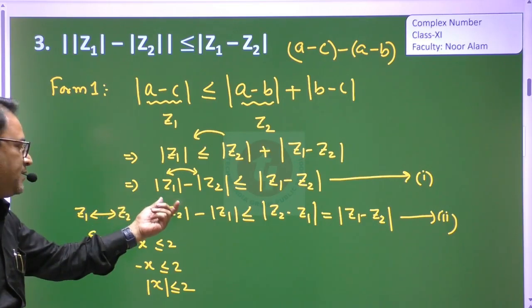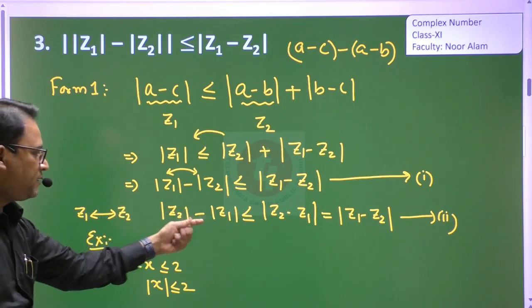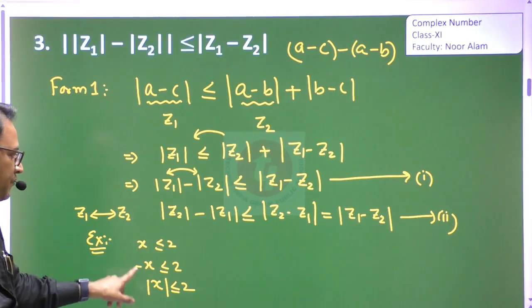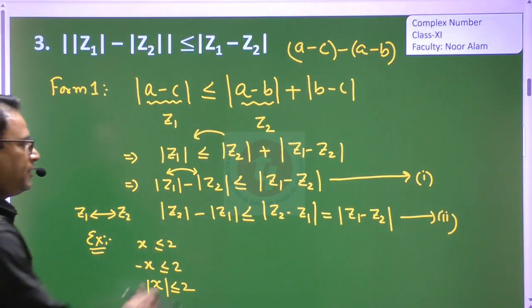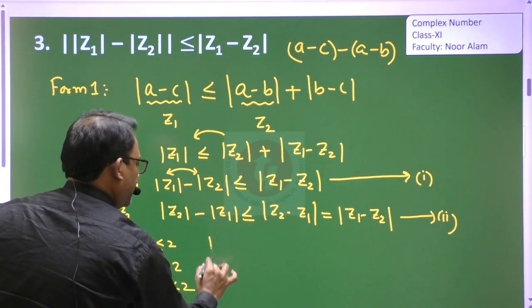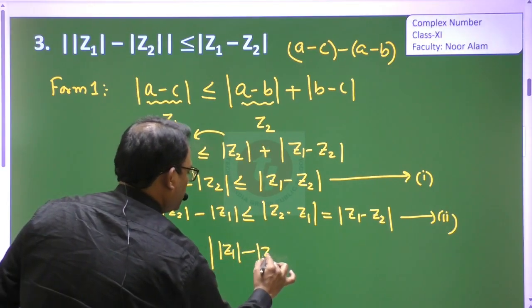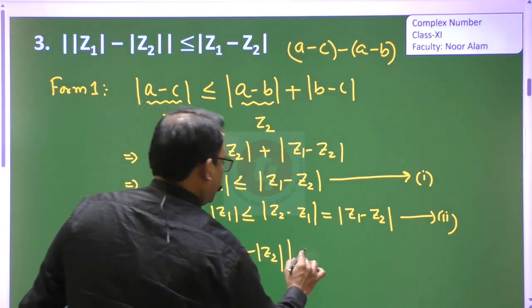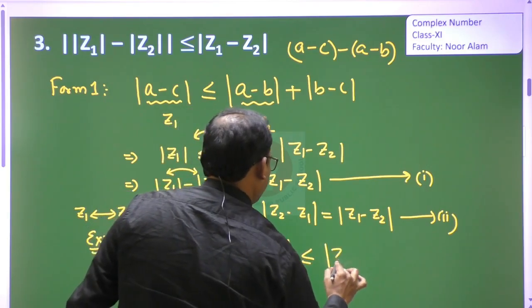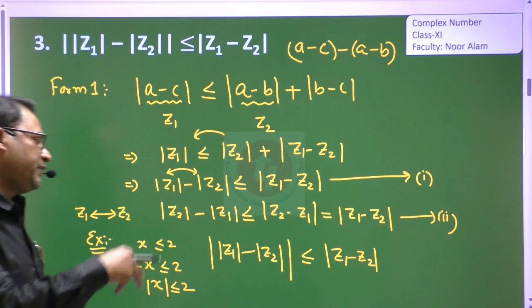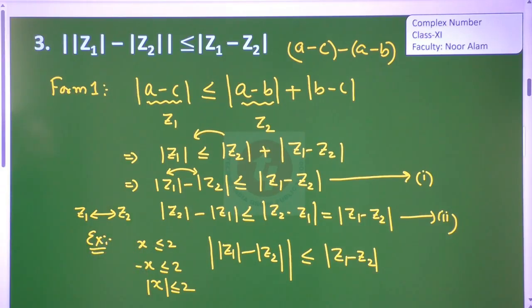Here also it is the same thing. If you take the minus sign common from these two numbers, you have this kind of inequality. So combining 1 and 2, we can write the mod of mod z1 minus mod z2 is less than or equal to mod of z1 minus z2. This is the third form of the triangle inequality of complex numbers.